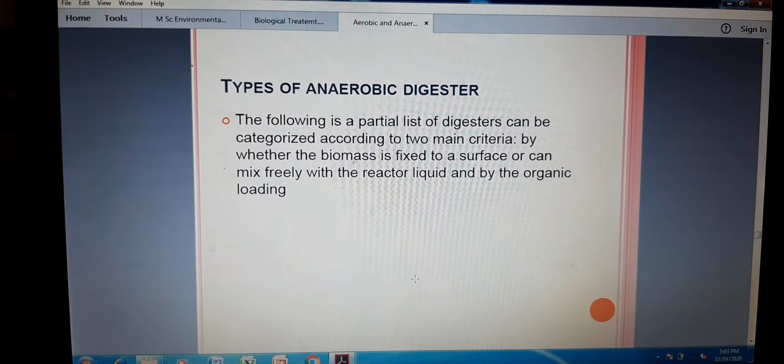That's why it is called the UASBR. Understood? This is the UASBR. The most important advantage of the UASBR is forming gas or energy from the waste, that is CH4 and CO2, which is used for electricity purposes.